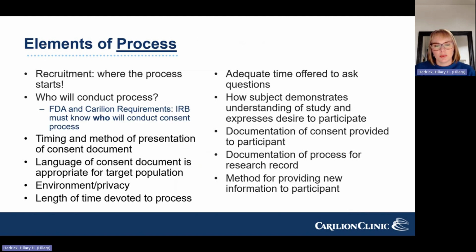And so, elements of the process, as you see at the top left of your screen, it begins with recruitment. You should start thinking about the process when you even think about the recruitment of your human research subjects. The FDA and Carillion requirements say we must know who actually will be conducting the consent process. And that's also something that needs to be determined at the beginning. It's not about who's available. There's a really good person that was just seen that might be interested, and so quick, grab somebody. That's not at all how it should be.